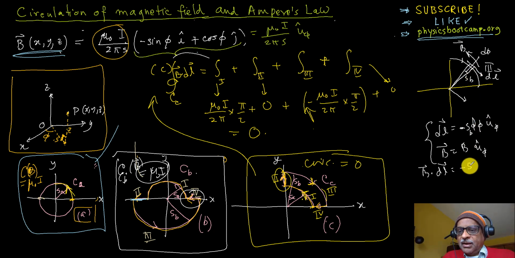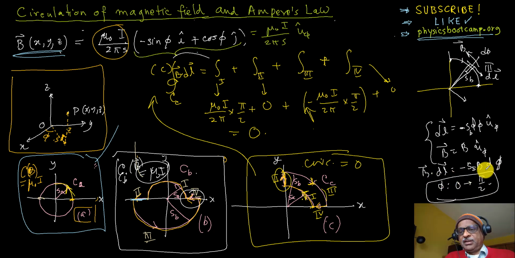Minus s of B times B d phi. So phi goes from 0 to pi over 2. That's the range. Often you're going to have a problem here.